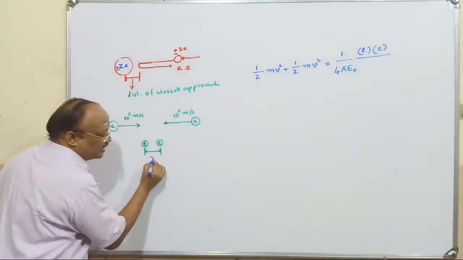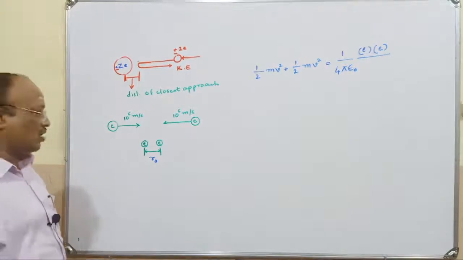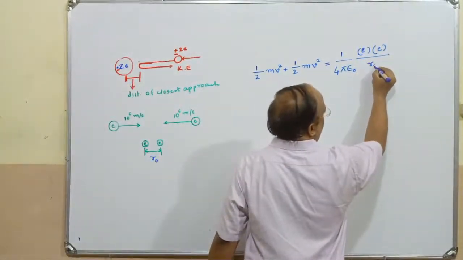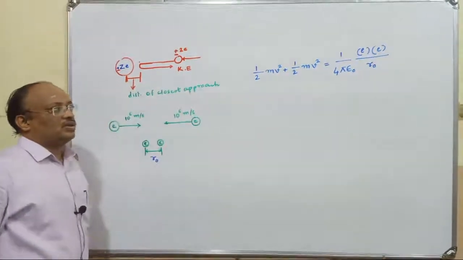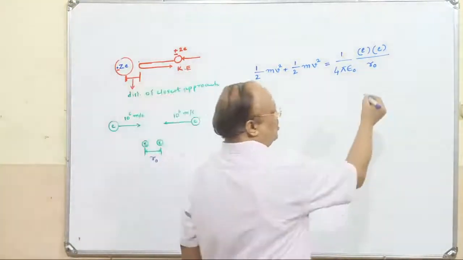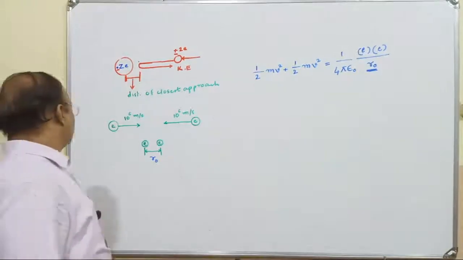If we take the distance of closest approach as R0, we can substitute these values. They are asking us to find this value of R0.